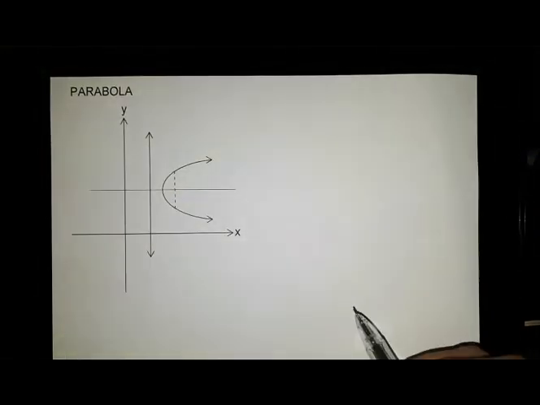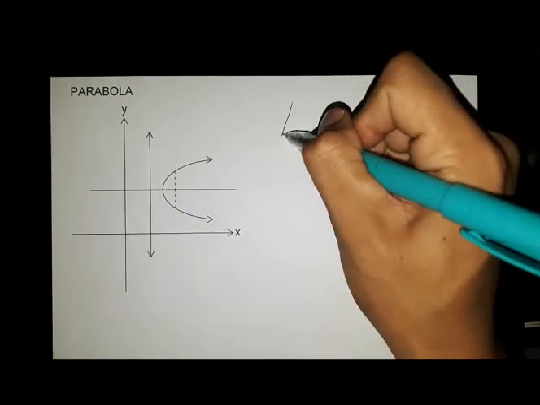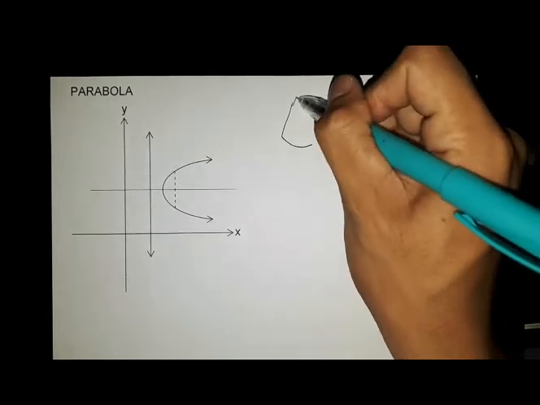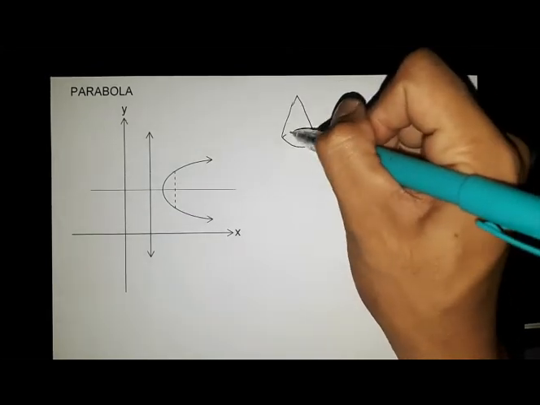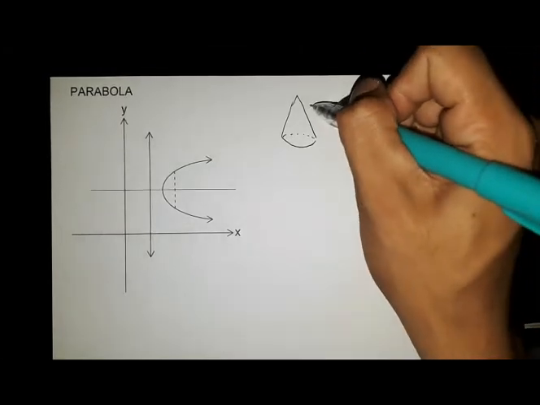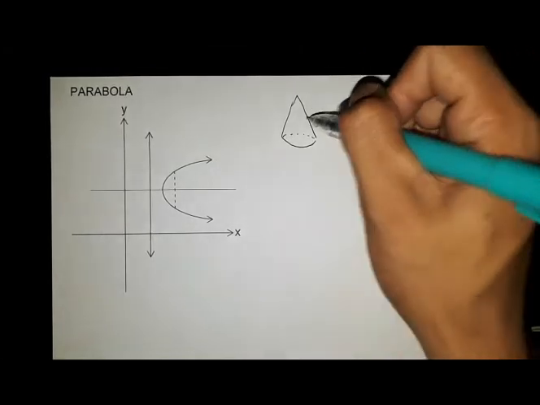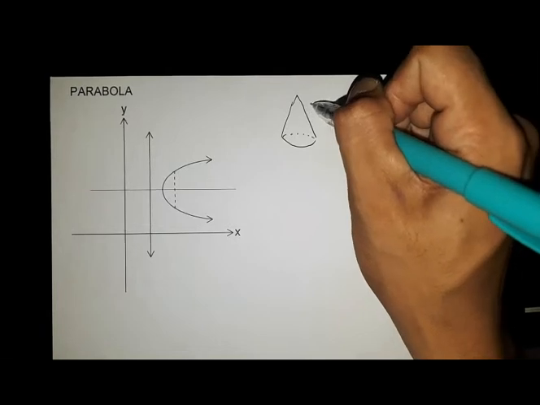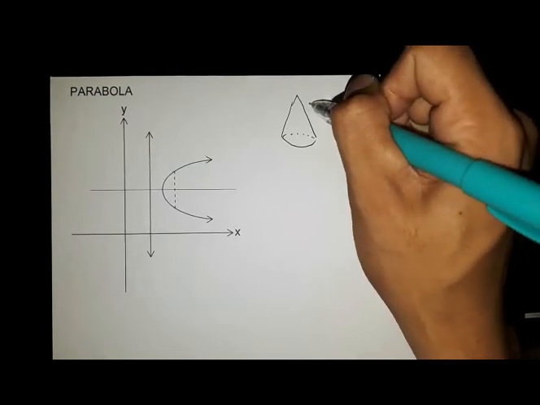A parabola is a conic section that is formed by cutting a plane here.